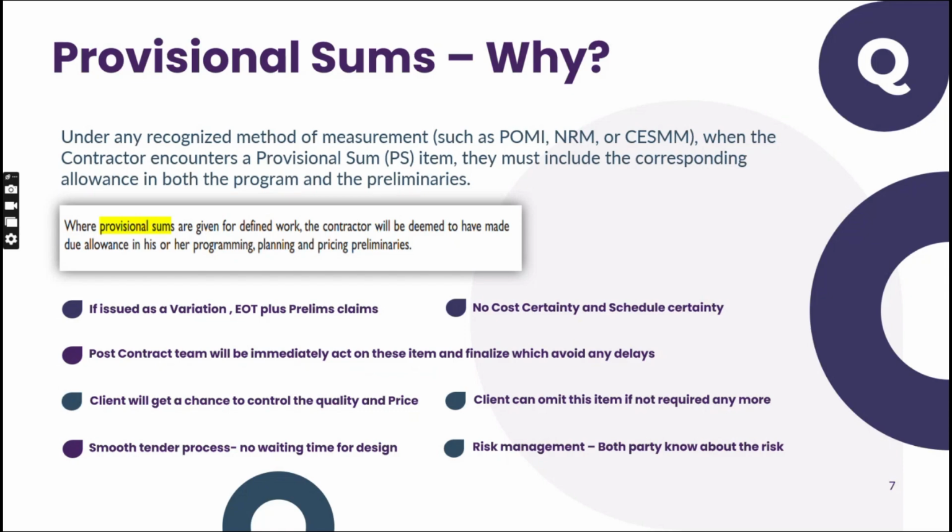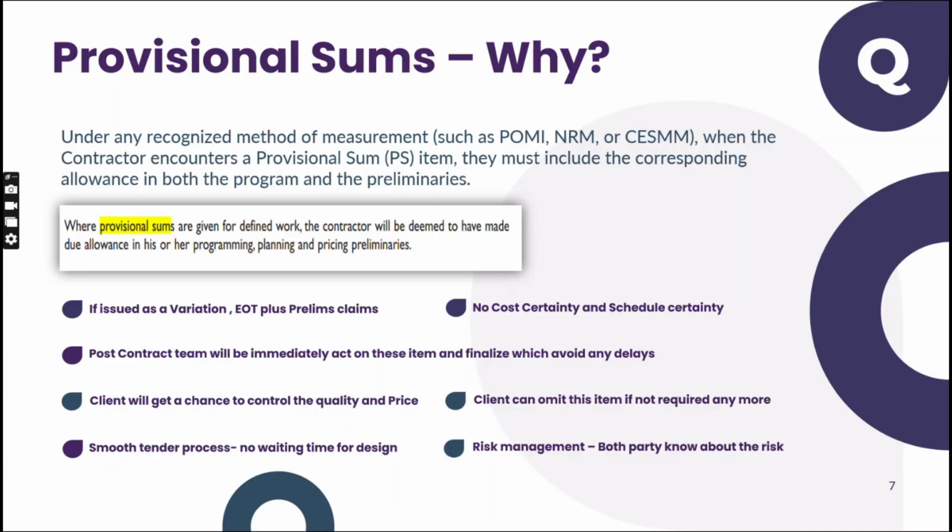When I say prelims, you have to consider the allowance for the infra engineer, infra inspector, infra designer, surveyors, everything. Because in the post contract stage, you will not be able to add this item. You will be able to add only your markup over it. You will not be able to add any prelims over it. So that means when you see a PS item in the bill of quantity, you have to price those items in the prelims.